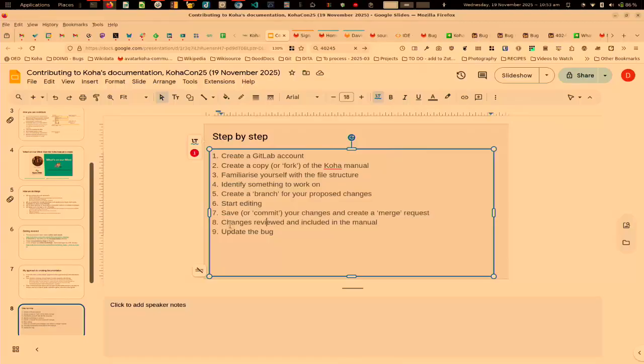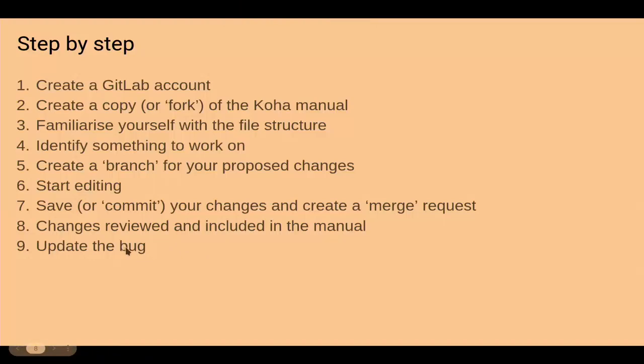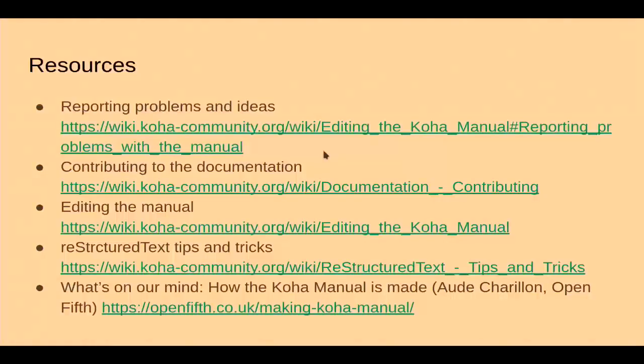And then, in addition, the changes are reviewed by the documentation team. And we'll press the button, and it'll auto-generate the manual again, and you'll also update the bug. And I can show you that later.